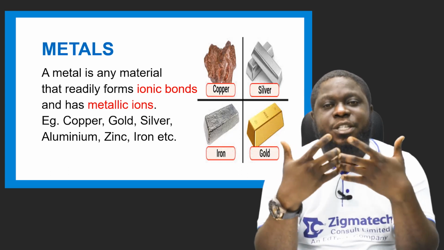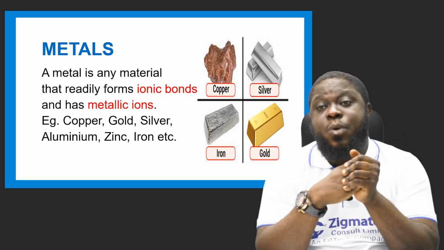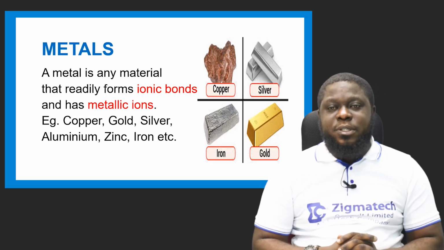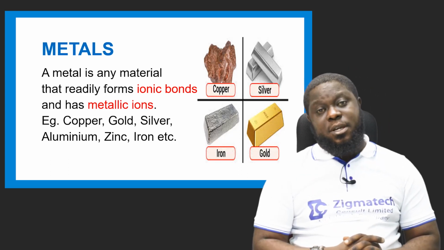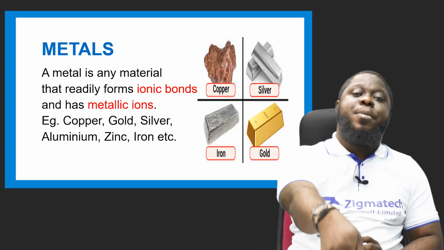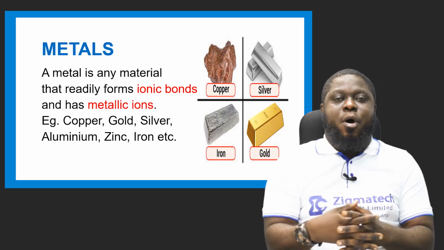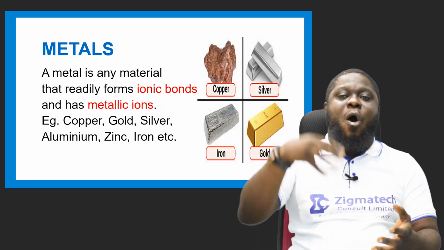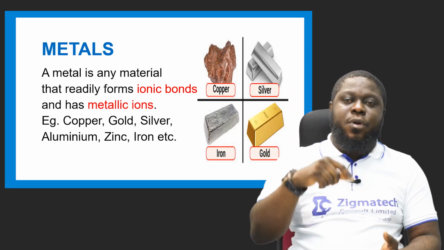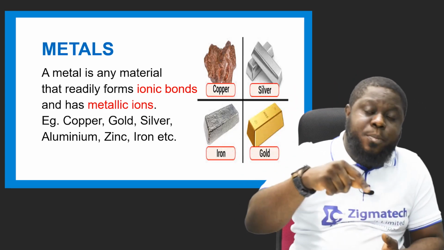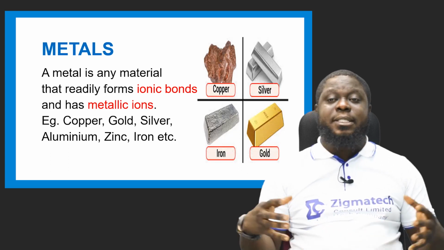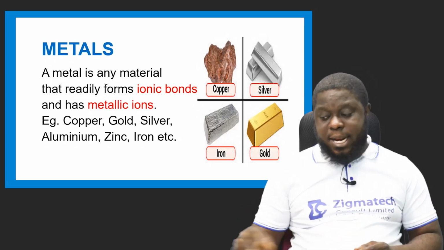So they will form charges. They will definitely form charges when they have these metallic ions. Now, examples like copper, gold, silver, aluminum, and zinc. Now, if I put a copper that is charged on an aluminum, it will form a metallic bond. But there will be a transfer of current from the gold or from the copper to the aluminum. There will be a transfer of current. So in essence, they bond together.